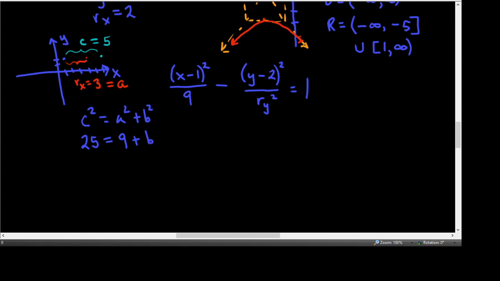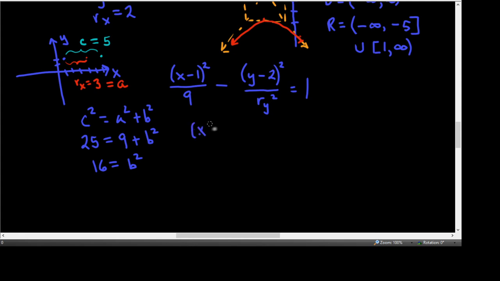Now, if I had accidentally substituted 3 in for b and left a as the variable, I would still get that the variable squared, no matter which one of those I chose, is 25 minus 9. So it's actually immaterial whether that is supposed to be called a for the r sub x or b for the r sub x. It doesn't matter, because you'd still get that the other variable squared is 16. And that's actually as far as we need to go.